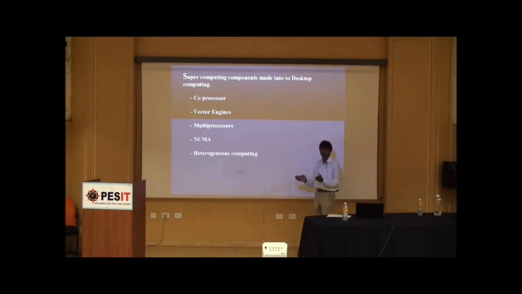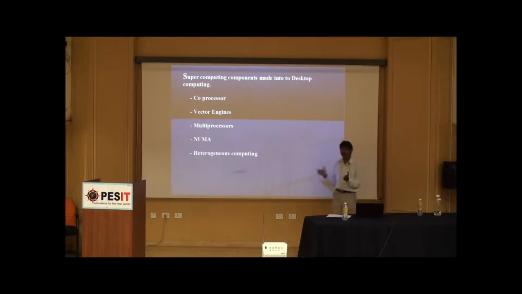So these SIMD engines were designed in the Cray vector engines. So that slowly moved into the CPU part. Now if you cut open your CPU, do you find SIMD engines? Yes, we have SIMD engines, right? So that means whatever happened for supercomputing is now slowly getting merged into or moved into desktop computing.